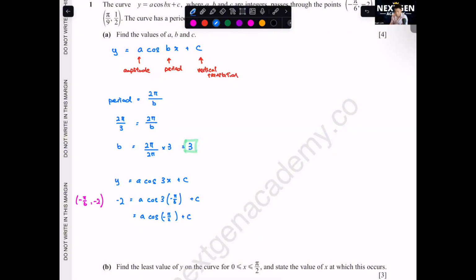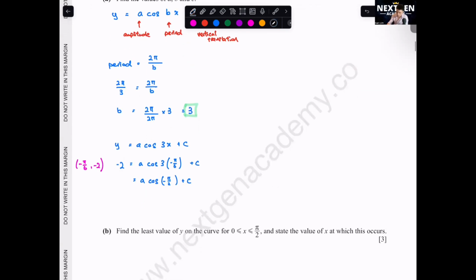Can we do this without a calculator? Cos of negative pi over 2, can we? What's pi over 2? Pi over 2 is 90 degrees, so can we find cos of negative 90 degrees? This one we can, using your graph.